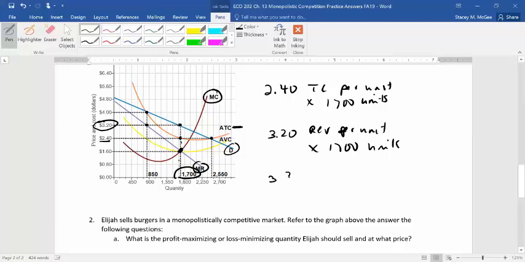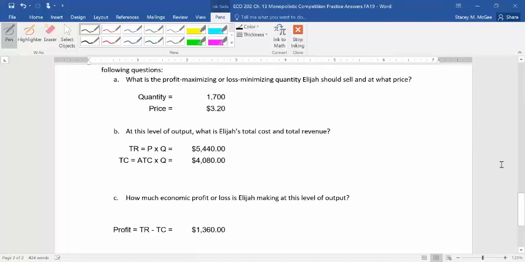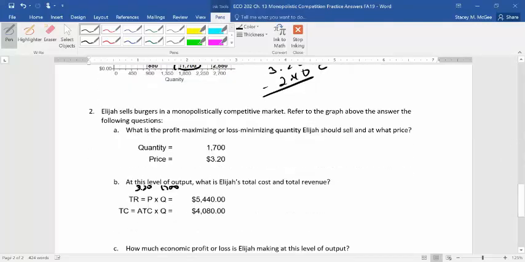You could do, if you just wanted profit per unit, 320 minus 240, revenue minus cost. So here's his total revenue, the price, which is 320 times 1,700, and his total cost we said was 240 times 1,700.